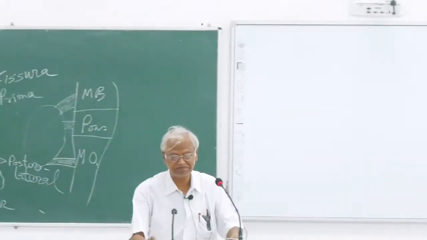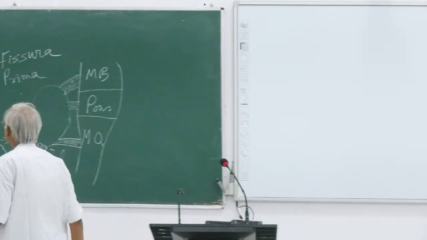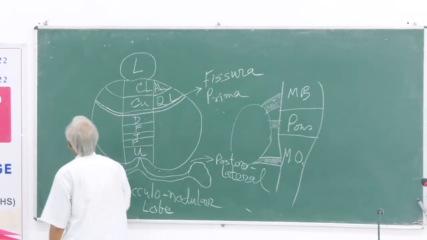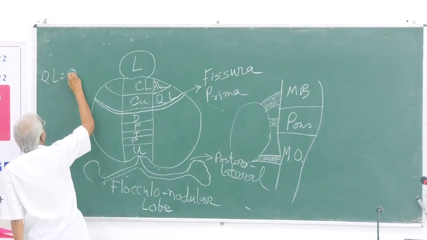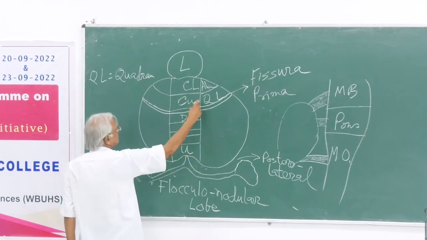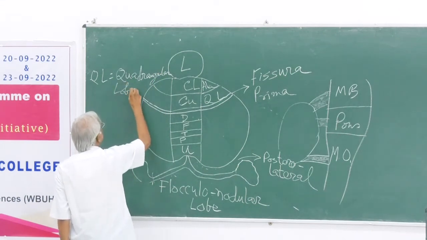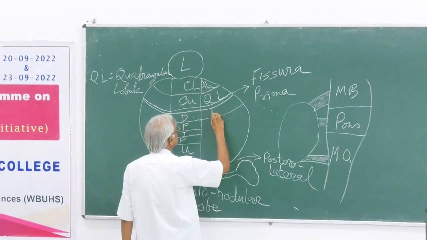Then lobulus simplex. Next is the quadrangular lobule. Then this is the lobulus simplex.